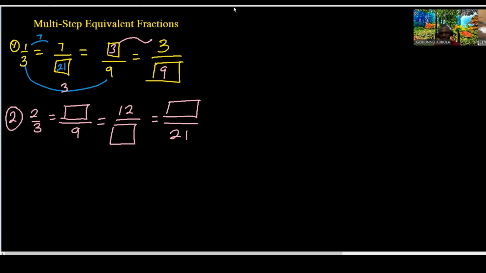So to do this, we'll use the same method. 3 times what will give me 9? That's 3. Now that 3 times 2 gives me what? 6. Then we can still compare between 6 and 12, okay?